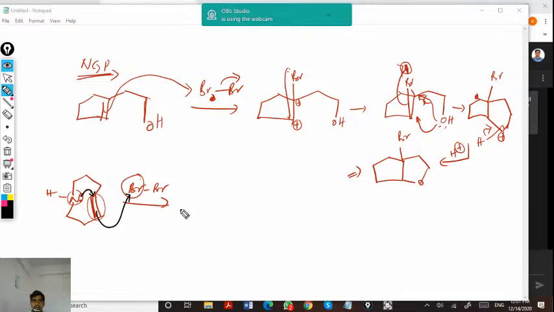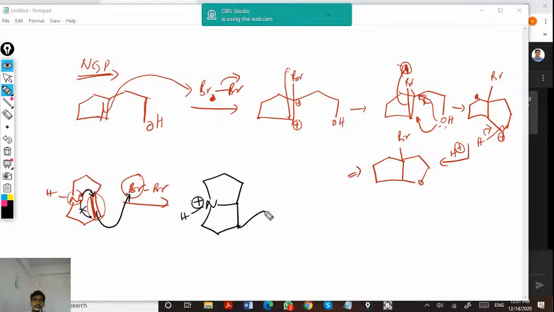Okay, so why not attack at this position? If it happens, it will give only a 4 membered ring, and 4 membered is a little unstable. So it will attack to give the 5 membered ring system. Okay. So it got attacked here and this becomes plus and this becomes NH. Okay.